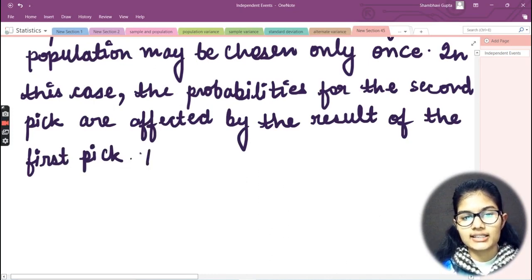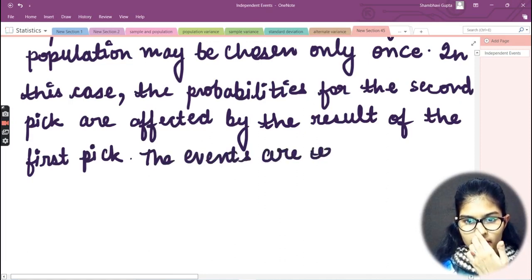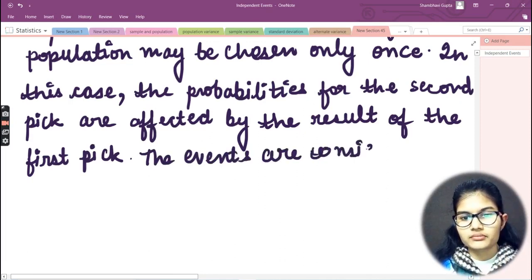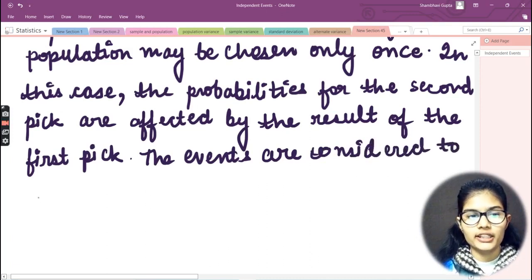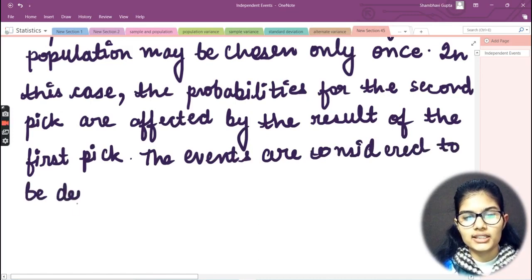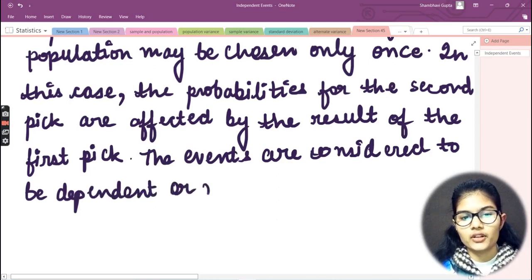And the events are considered to be dependent, or not independent.